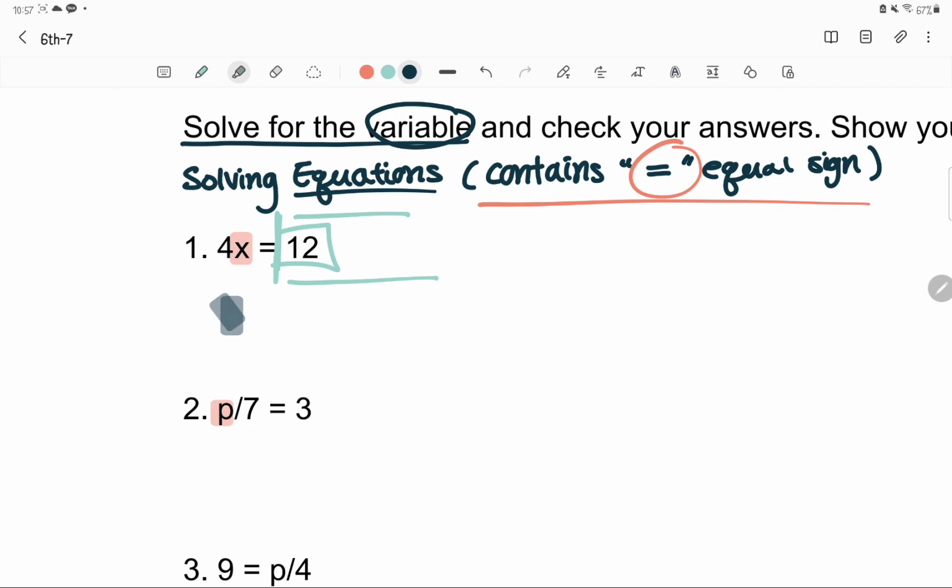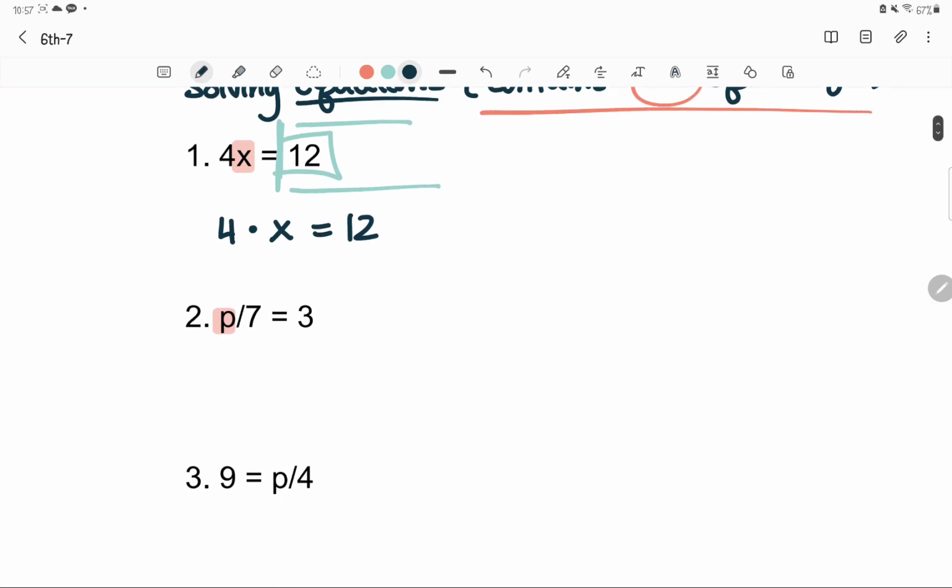And if I write it down, it can be written as 4 times x equals 12, right? If you want to get x by itself, you just divide by 4 to cancel out, because 4 over 4 is just 1, and 1 times x is just x.